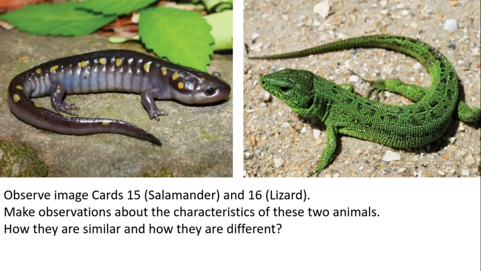Well, just looking at them, you can kind of tell that a salamander, which you see on the left, its skin is moist and kind of slippery, right? And then the lizard on the right, its skin is more drier and scaly. It's not slippery. Okay, so salamanders are amphibians. Their skin has to stay moist and they breathe through lungs, but also breathe through their skin as well.